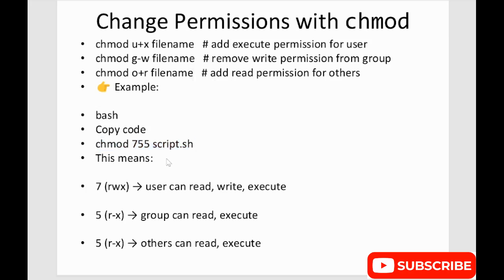Okay, so this means 7 here is used, we can use the number also, but you have to keep in mind which number is used for which permission. Like 7 here is used for read, write, and execute. Means user can read, write, and execute. Okay. 5 is used for group can read and execute. Okay. And 5 here is used for others can read and execute.